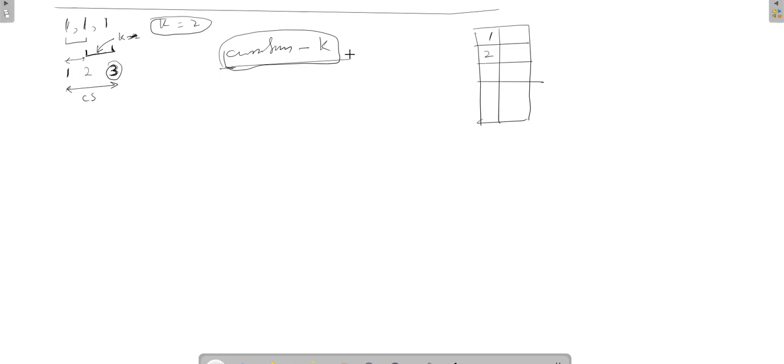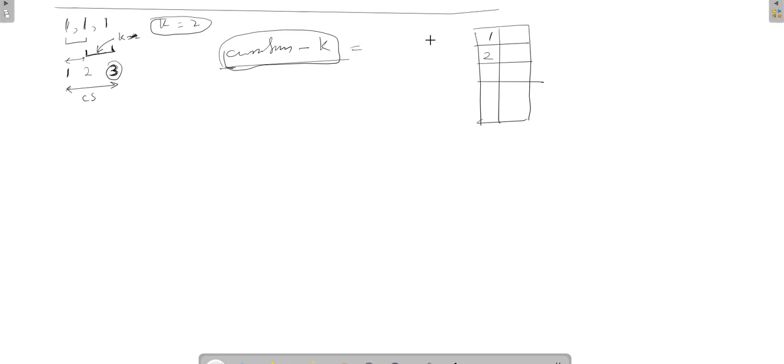No, we're not going to get to 3 at this point. When we are here at 3, because this iteration has not ended at this point, we are looking for what? We are looking for 3 minus 2, so we're looking for 1. We're looking whether 1 exists or not, right?